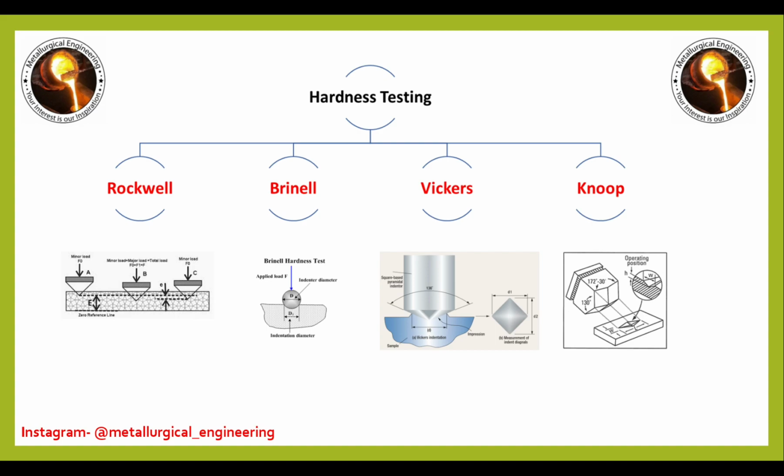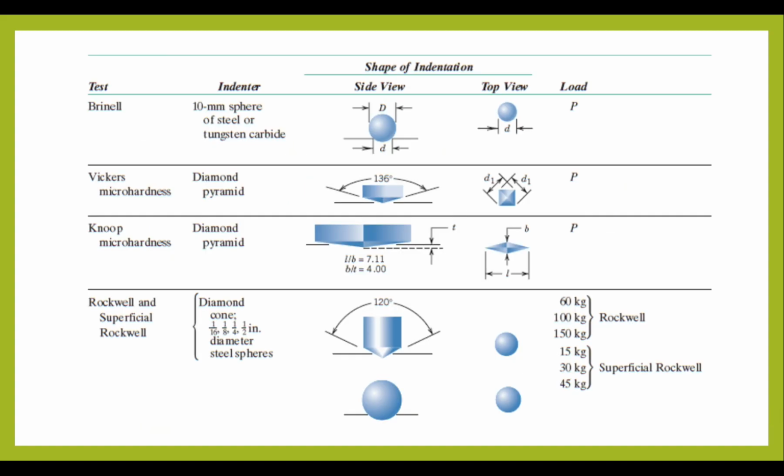The first one is called Rockwell. In these we apply a force using an indenter, and it will leave an indent like this, and we check the dimension of this indent to get the hardness value. I'll explain these different kinds of tests further.